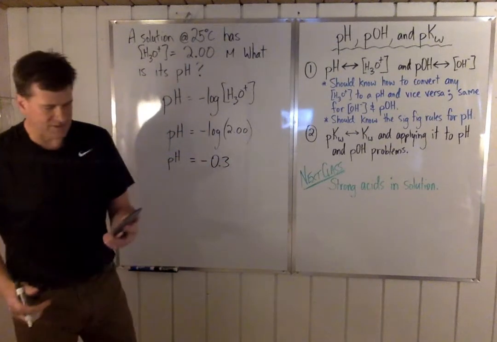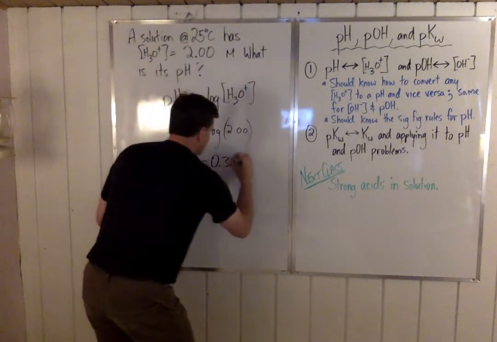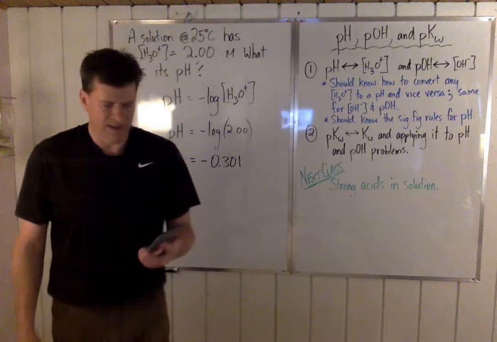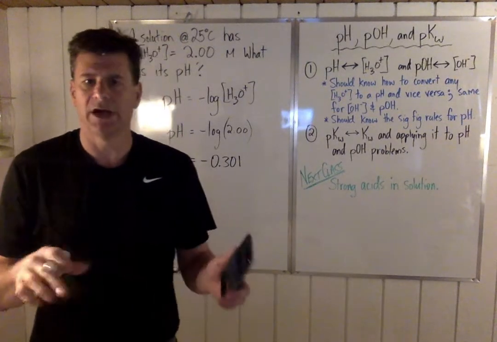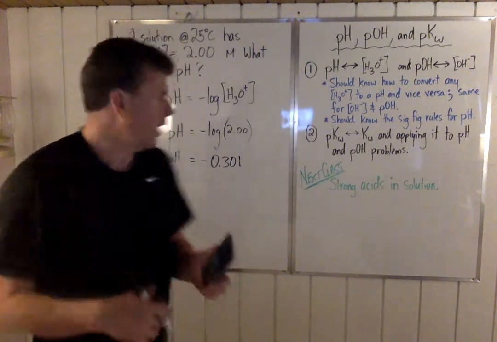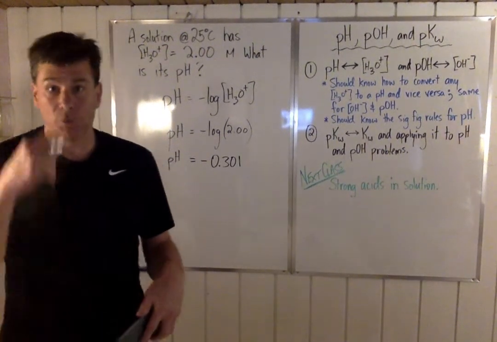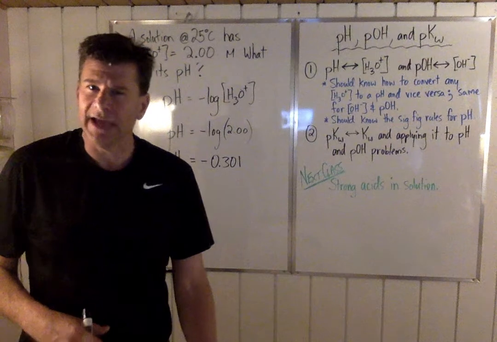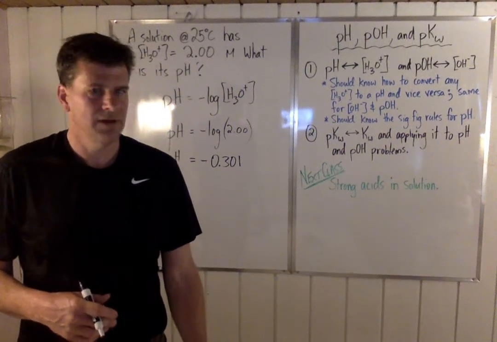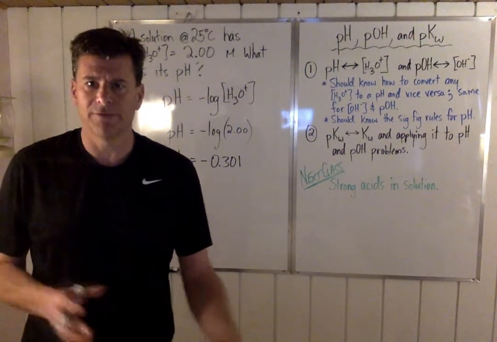I get 3 sig figs. So 3, 0, 1. After the 1, it goes 0, 2, 9, 9, 9. Because there's a 1 after the 0 on that answer, I keep it as 0.301. That is 3 sig figs. But it's got a negative sign in front of it. I thought the pH scale went from 0 to 14.